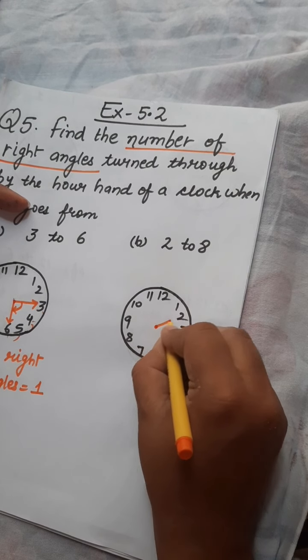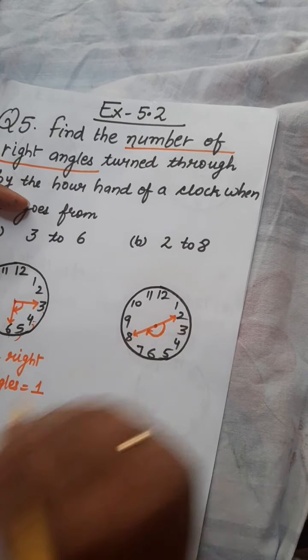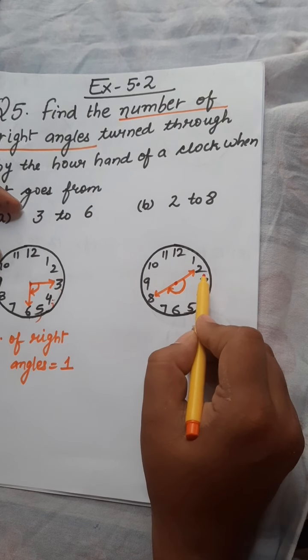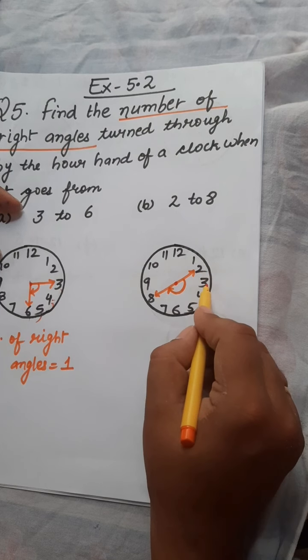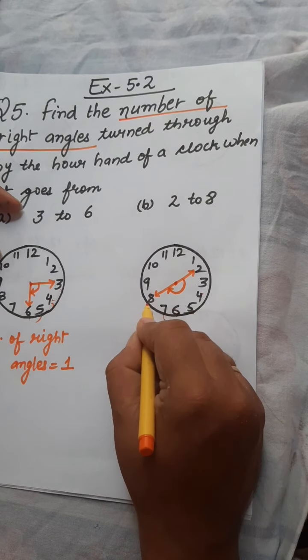Now next we have from 2 to 8. Now here it starts from 2 and stops at 8. Now we have to find how many right angles. So here the total minutes covered are 5, 10, 15, 20, 25, 30.